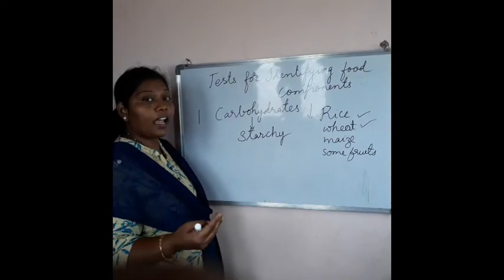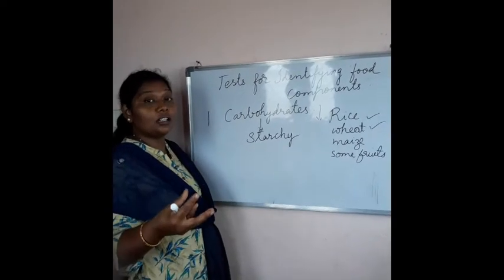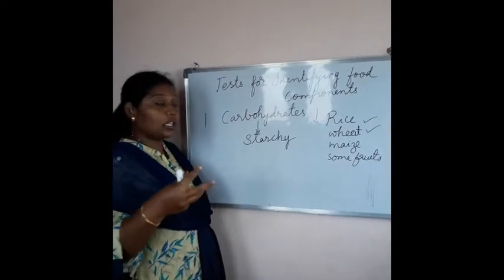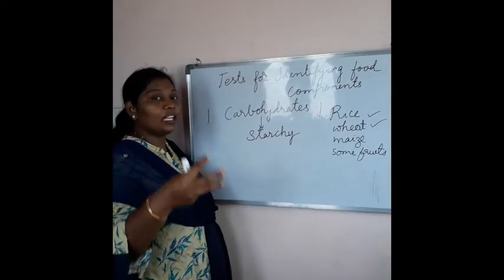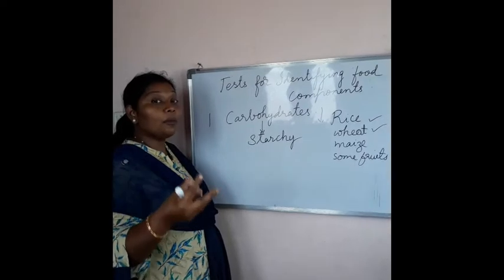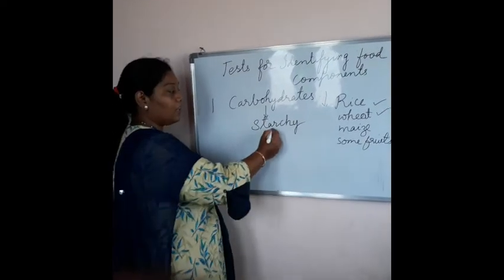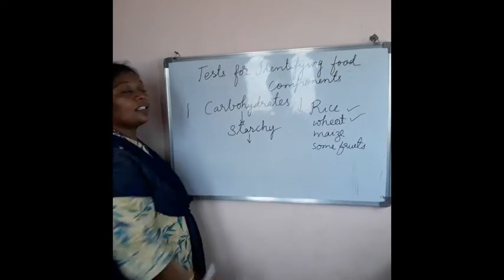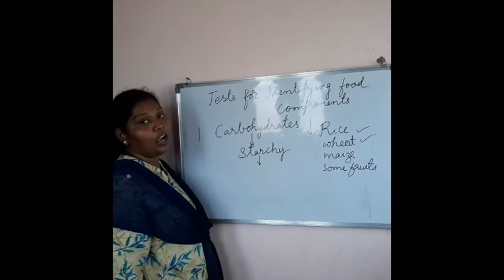Whenever you are cooking rice, you get a nice whitish color form on the outside of the vessel, or whenever you are washing the rice, you get a creamy white colored water from the rice. What is this? It is starch. The starch contains rich carbohydrates.